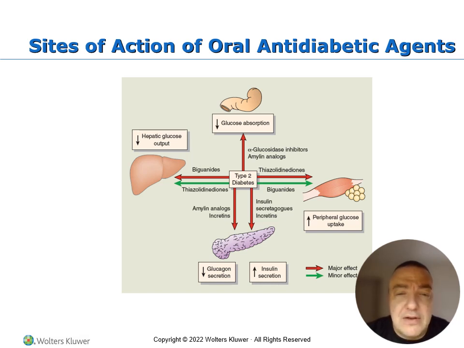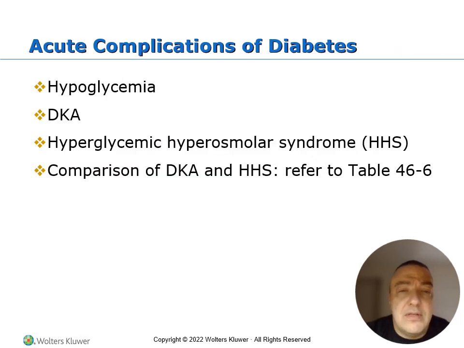And these are the different ways that the drugs work if you're into that. Acute complications. Hypoglycemia, easy fix, get some sugar in them. Prolonged, it can put them in a diabetic coma, where the sugar is so low that the body cannot function. Whereas DKA is the exact opposite.